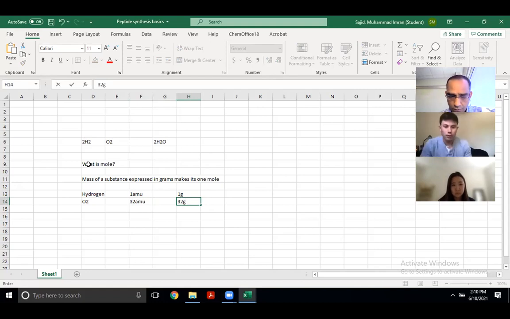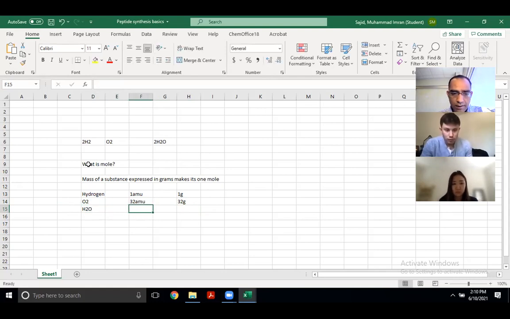For example, we have H2O, that is 2 hydrogen and 1 oxygen. How much should it become? 18 AMU is this mass. So if I say I have 18 grams of water, what does it mean? 1 mole of water.